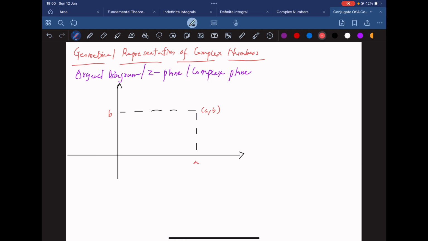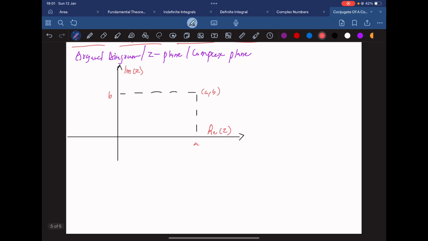Now on the x-axis, that is where we have the real part of the complex number, and on the y-axis is where we have the imaginary part, right? So this is where we have the imaginary part of z, and this is where we have the real part of z. So this is what we call the Argand diagram.